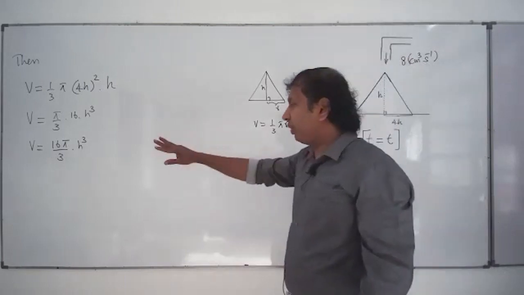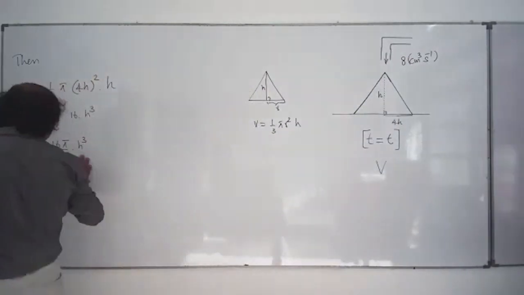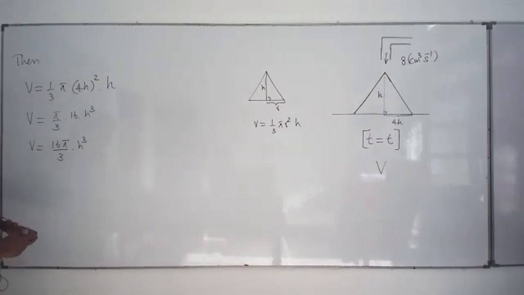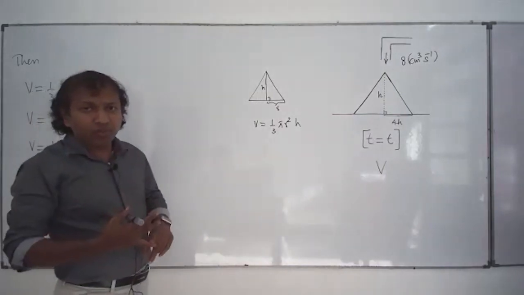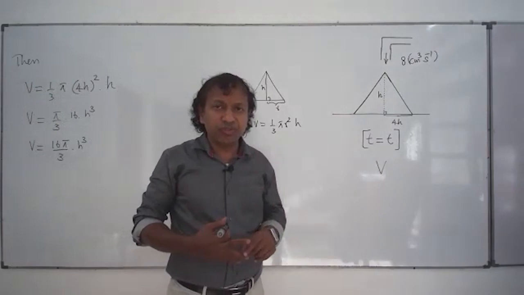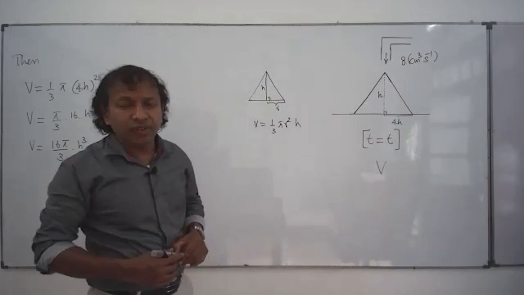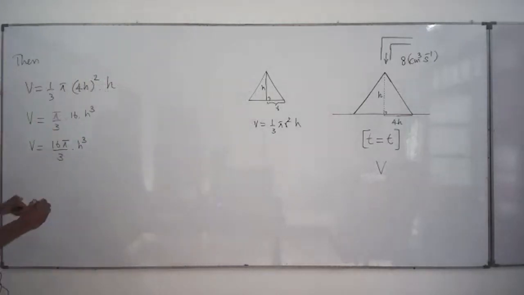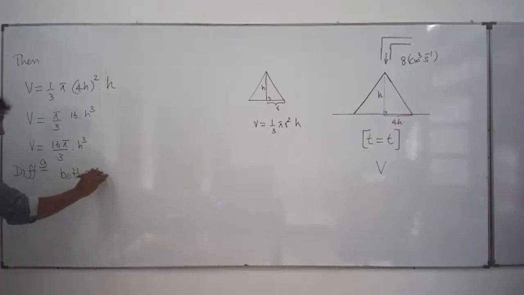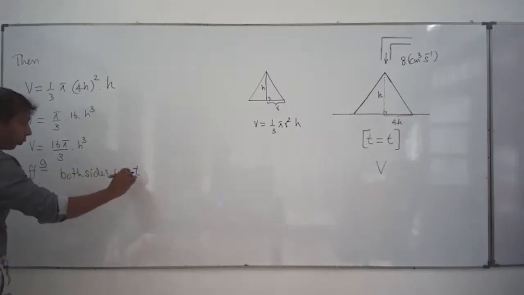Now we differentiate both sides with respect to time t, because the volume increases with time and the height also increases with time. Both the volume and the height are functions of time t. Therefore, we can differentiate both sides with respect to t.